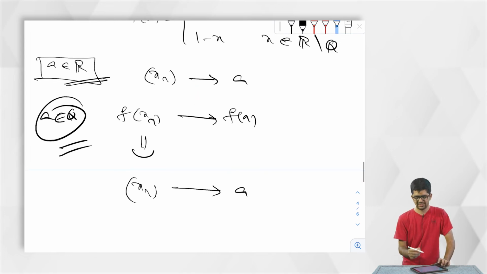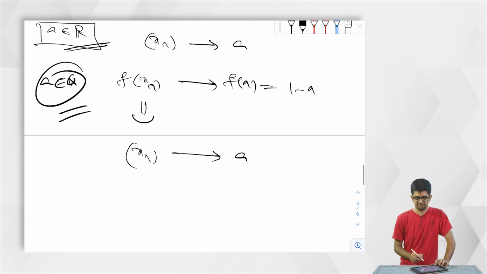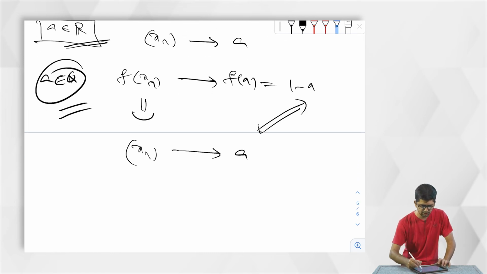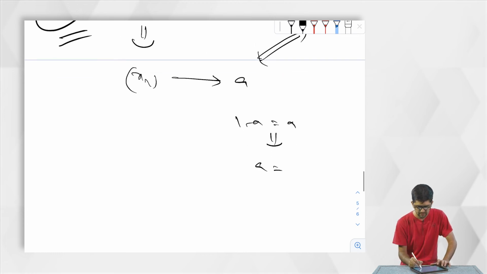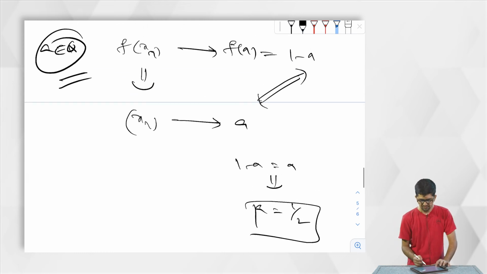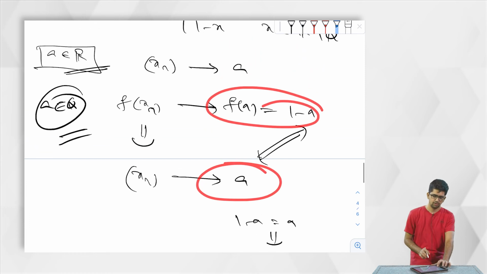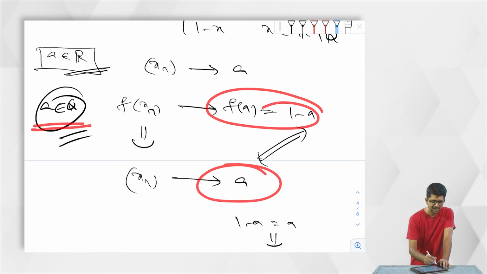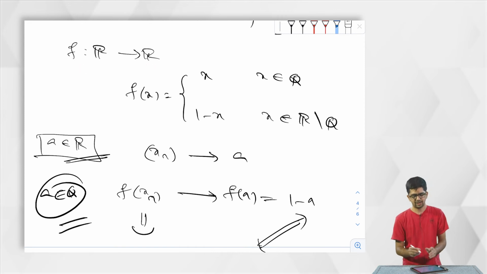Suppose a is an irrational number, then f(a) is 1 minus a, and these two cannot be equal. 1 minus a equal to a would imply a is equal to 1 by 2. But as I said, a is irrational. So if a is an irrational point, this function cannot be continuous at that point.